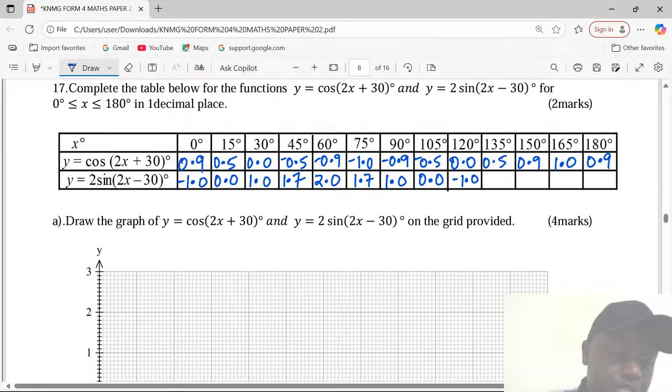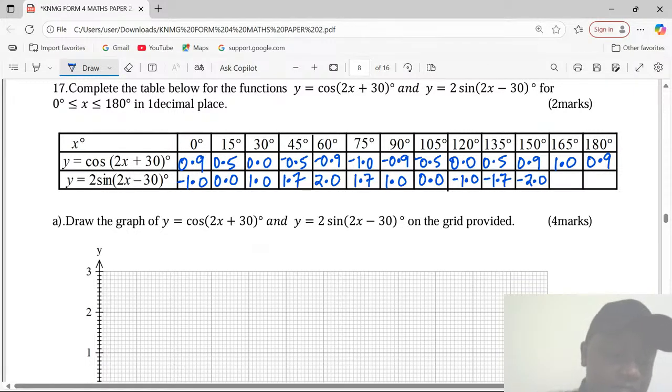At 135, it should be 2 into 135, I subtract 30, 2 sine of the answer that I'm getting, negative 1.7. Then I go to 150, 2 into 150 minus 30, 2 sine of the answer that I'm getting, negative 2.0.